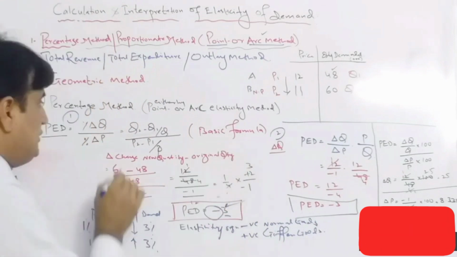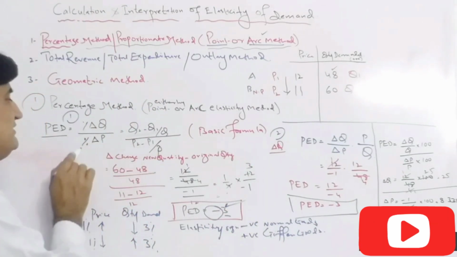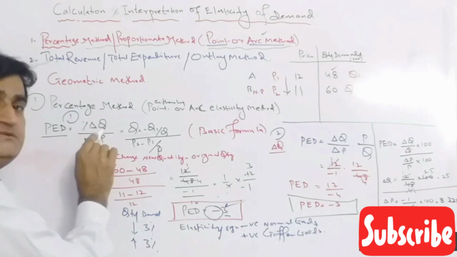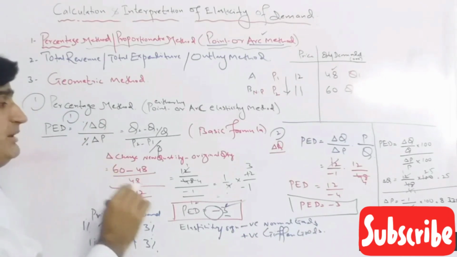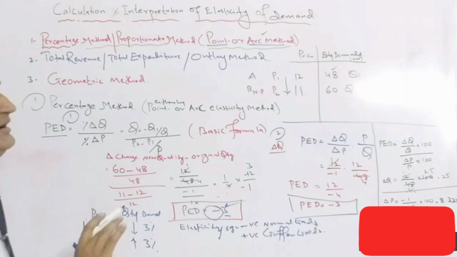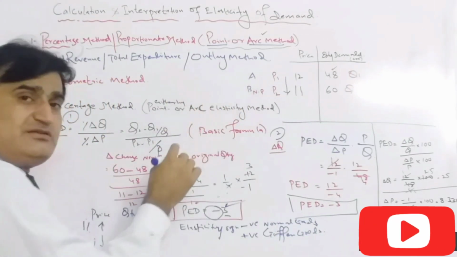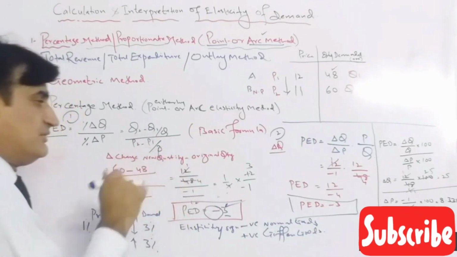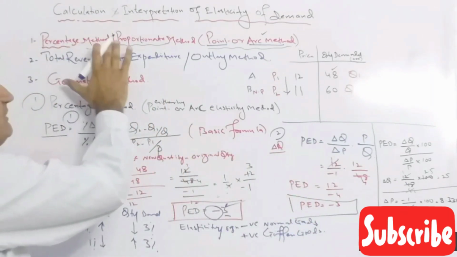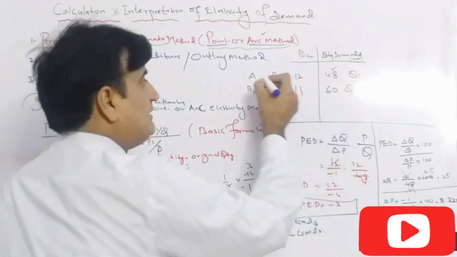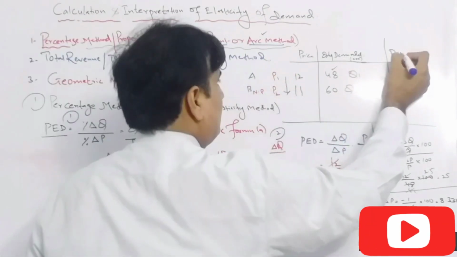Here numerator and denominator both carry the percentage, but this measures the percentage change, not the absolute change. But arc elasticity of demand calculates the change in quantity demanded with respect to change in price, the absolute change. We have seen that with the percentage or proportional method, we calculated the elasticity -3 when this is A and this is B.